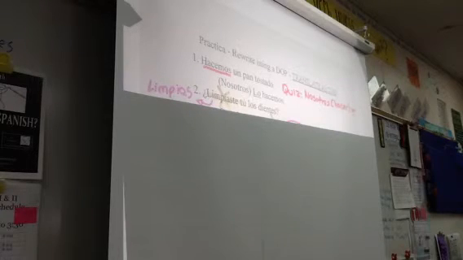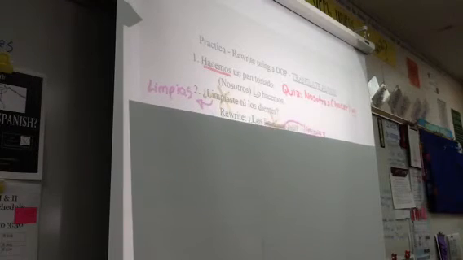Now, the directions are asking you to rewrite using a direct object pronoun. So you're restating the question. Do you need to clean them? What is the them that I'm referring to? The teeth. So if you're rewriting the question, it would be los limpias. Do you need to clean them? But if I'm answering the question, that's where you have to deal with the extra step of knowing who's answering.